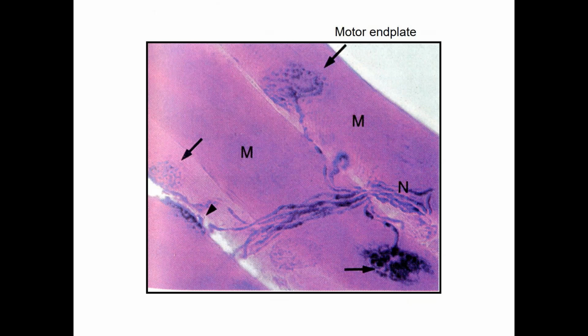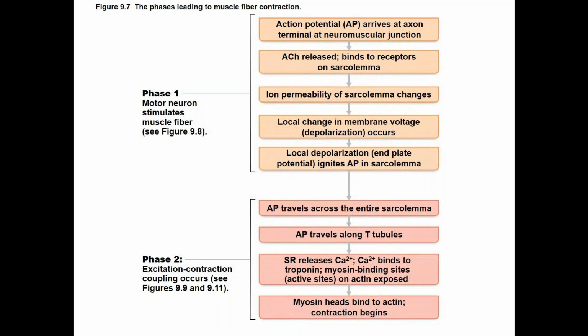At each of these muscle fibers, we have an individual synapse, an individual axon terminal, synapsing with that muscle cell. Sometimes we call this a motor end plate, which is another descriptor for the synapse itself. But this is where we transition from the first part, phase one, and move into phase two.